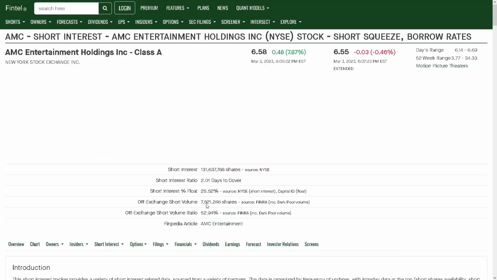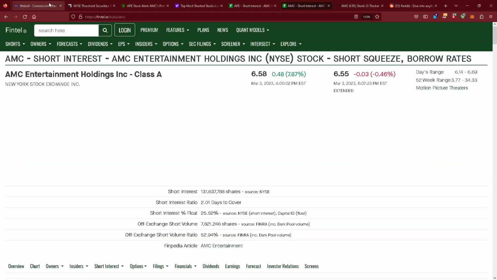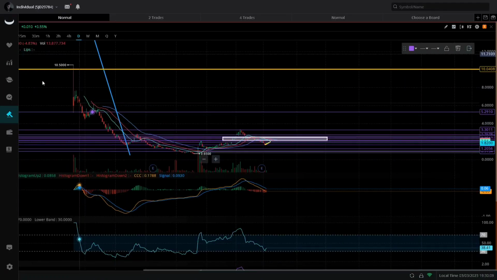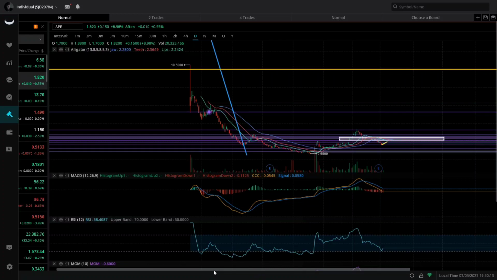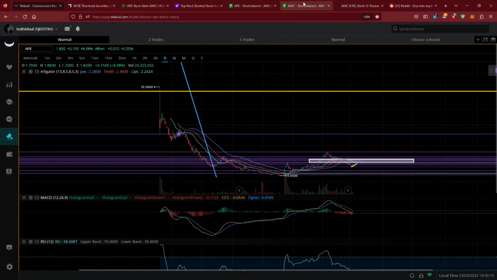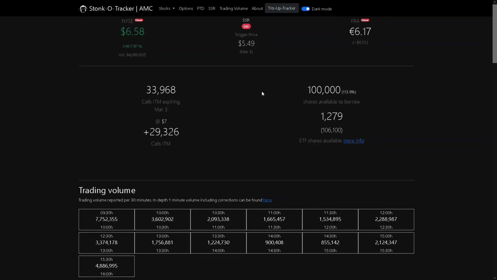AMC short interest is at 25.52%, all-time highs for all 2 years that I've been covering AMC stock. I have not seen short interest this high, not even since when we had the massive run up the last time on AMC. So I'm extremely excited, extremely hyped, and there's so many reasons to be bullish on AMC.